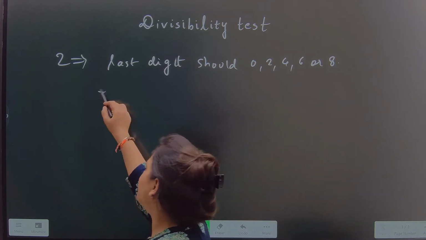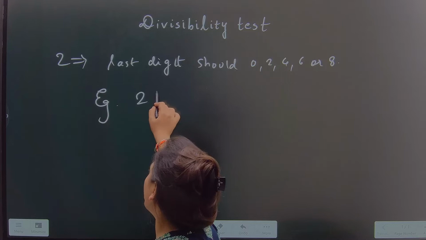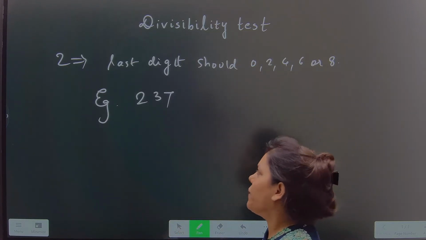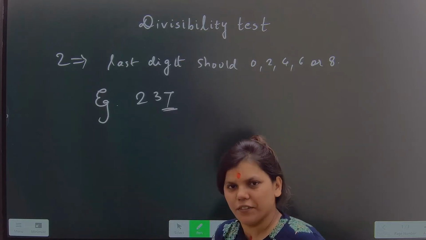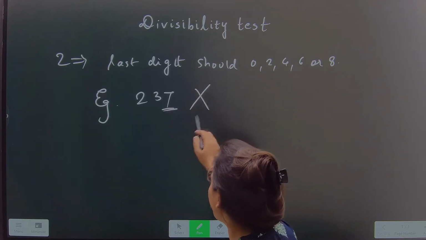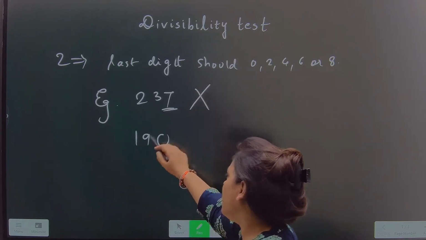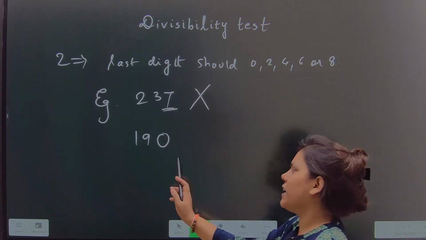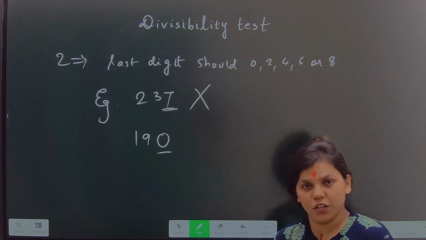For example, 237. Now, is this divisible by 2? No, it is not, because the last digit is 7. So, this is not divisible. Let us consider this example, 190. So, is it divisible? Yes, it is, because it ends with the digit 0.